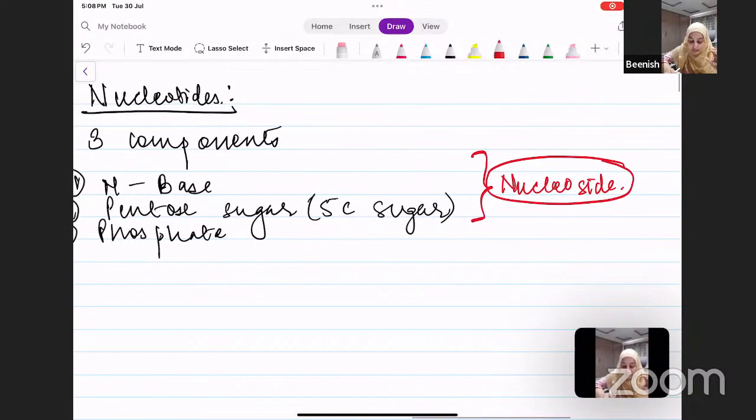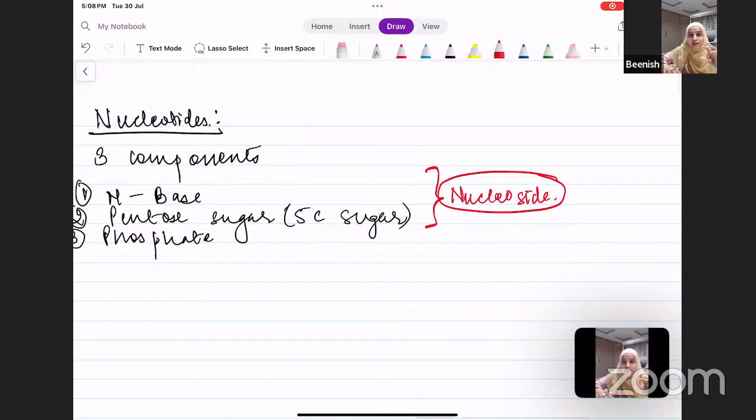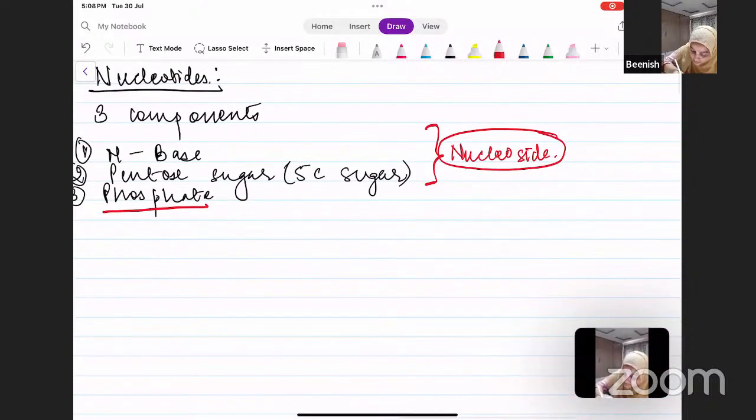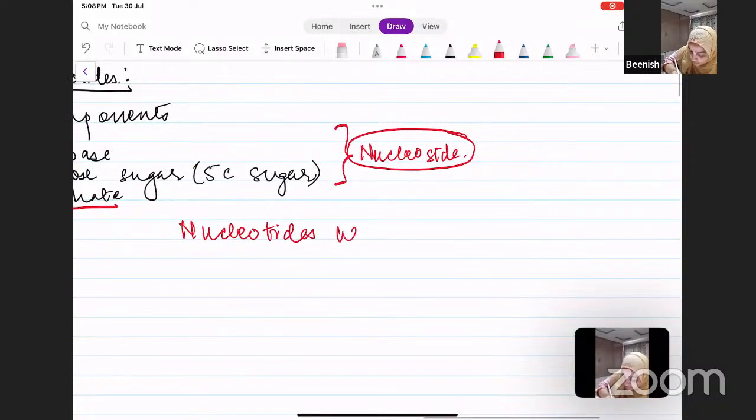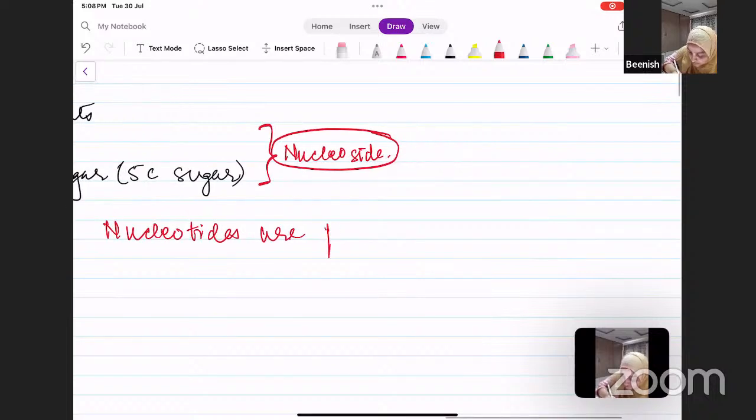I'm saying that this unit is known as a nucleoside, and when to this nucleoside you add a phosphate, it becomes a nucleotide. So in other words, you can also say that nucleotides are phosphate esters of nucleosides.